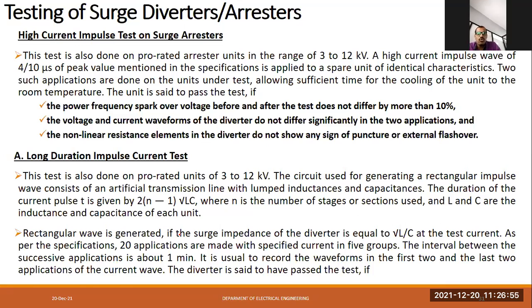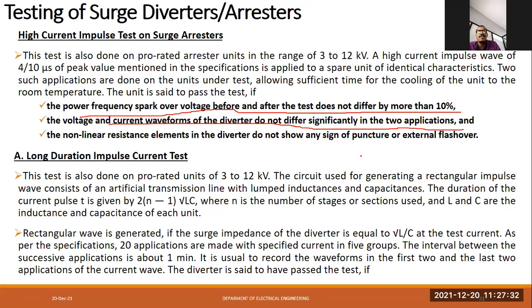Two applications have to be done, and in these tests we allow sufficient time for cooling of the particular unit to room temperature. We say the test is passed if the power frequency spark-over voltage before and after the test does not differ by more than 10%. Second, the voltage and current waveform of the diverter should not differ significantly in the second application.